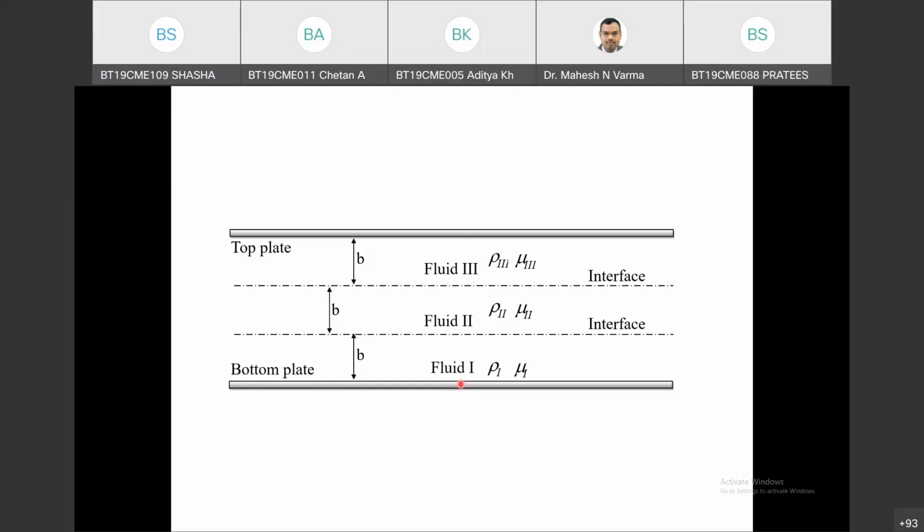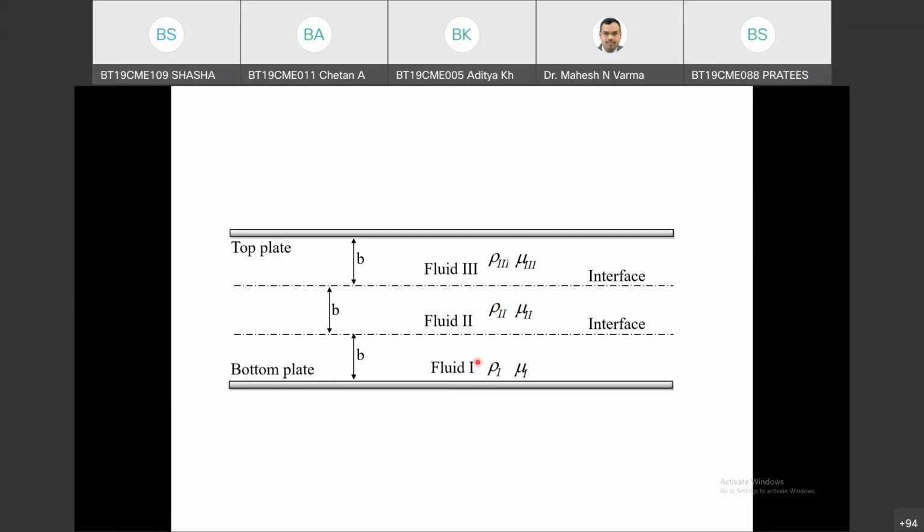The third would be the interface between fluid 1 and fluid 2, where the flux would be the same. Then the fourth boundary condition: at the interface of fluid 2 and fluid 3, the flux would be the same. Then, velocity would also be the same.